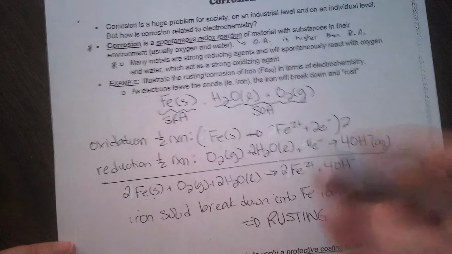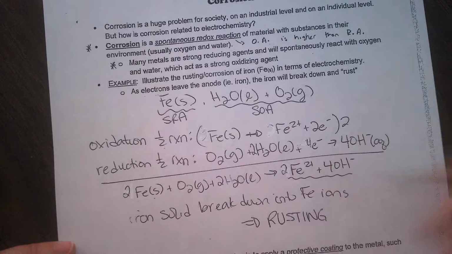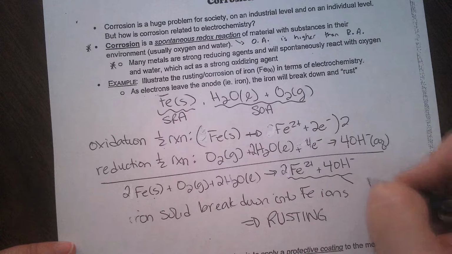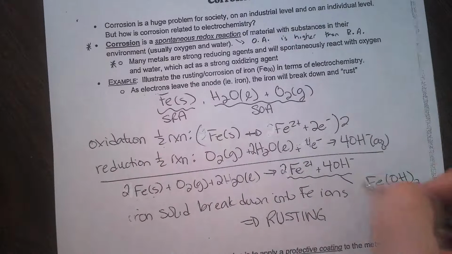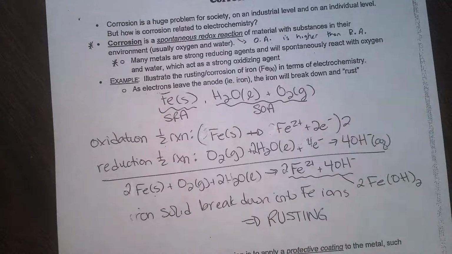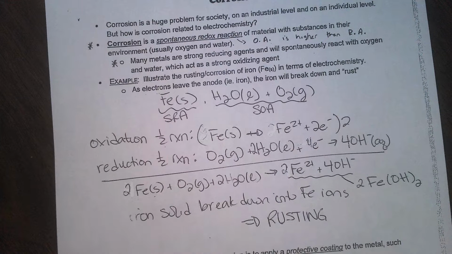If I wanted to create an actual compound reaction, I could call this FeOH2, and there would be two of them. This is essentially the net ionic reaction. And we know that iron oxide, this one's iron hydroxide, but it has oxygen in it, creates rust.